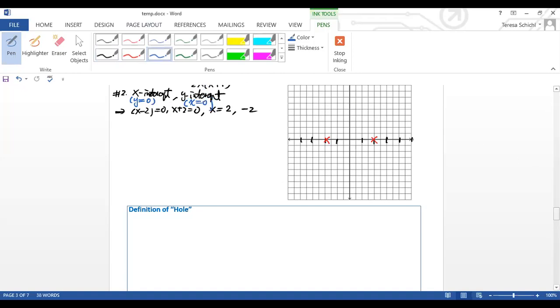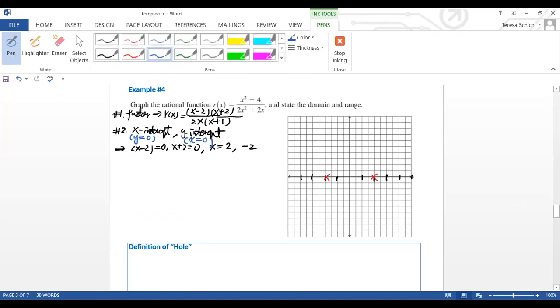If you set x equal to 0, this term becomes 0, and then the whole denominator becomes 0. So the y-intercept does not exist. We don't have a y-intercept here.